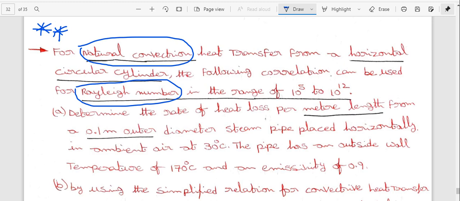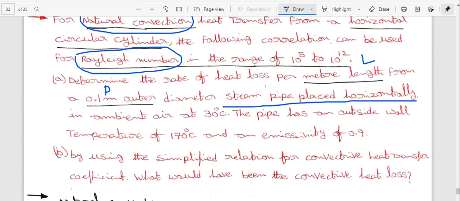So determine the rate of heat loss per meter length. Here the diameter is 0.1 of a steam pipe placed horizontally. So in this question it is clearly mentioned a horizontal circular cylinder in ambient air at 30 degrees centigrade.